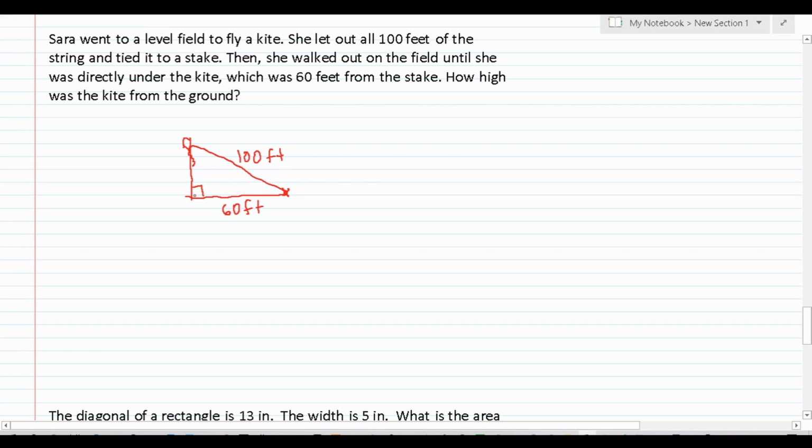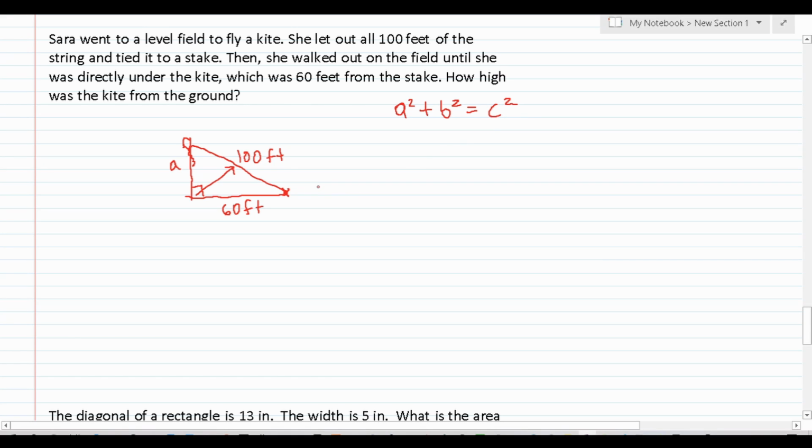Again, anything across the right angle is always going to be the hypotenuse. So we know 60 feet and this unknown value, which I'm going to call A, are the legs. So let's start by writing down the Pythagorean theorem.